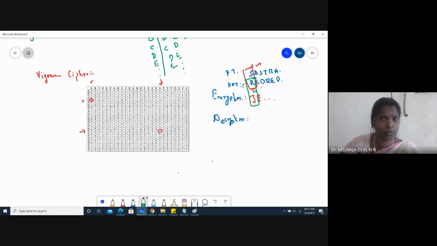Go to the row with the key character R. Scan through this row until you get the cipher character, which is J. After getting the cipher character, its column index is the plain text.